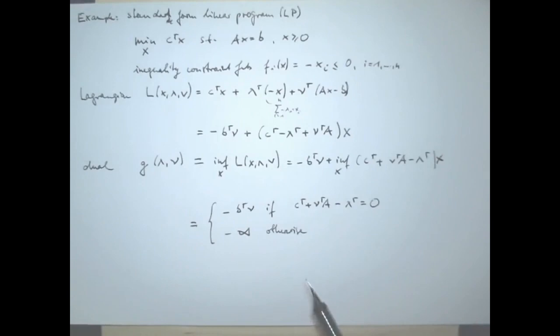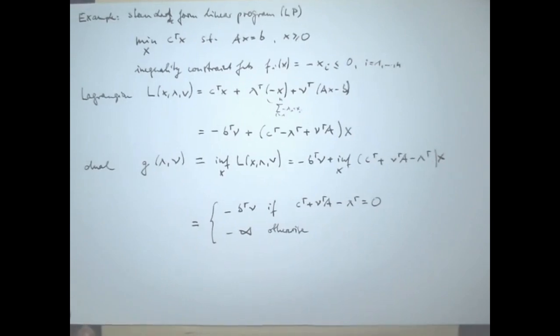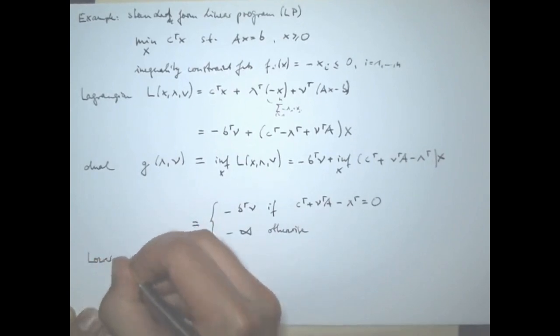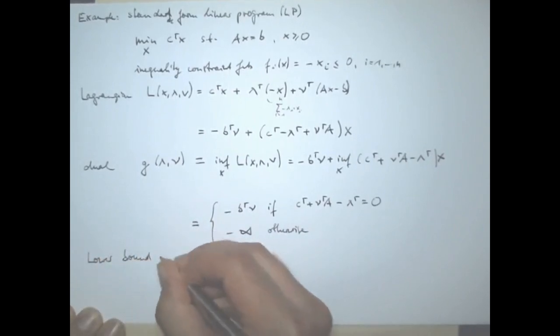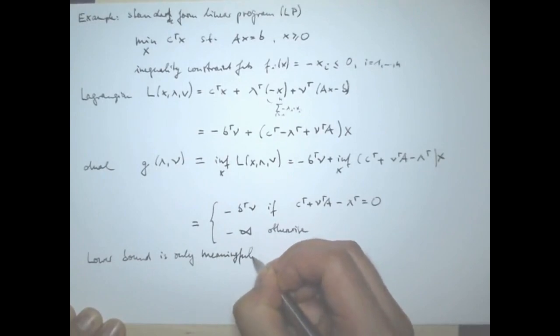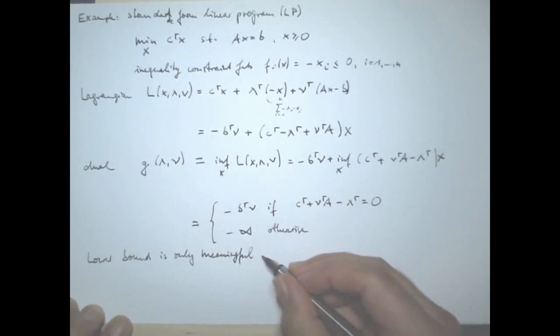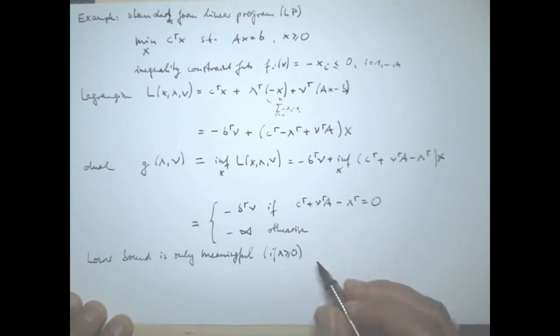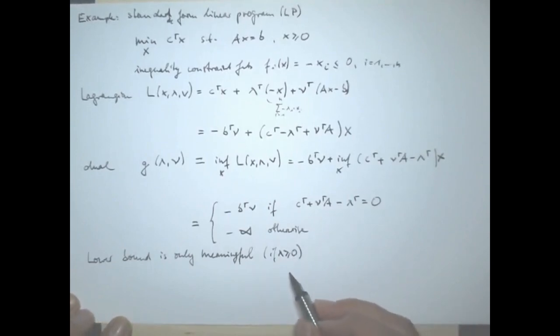So the lower bound that I get is only meaningful on the one hand if lambda, that I always require in order for the whole thing to be a lower bound in the first place. So I require that lambda be non-negative.